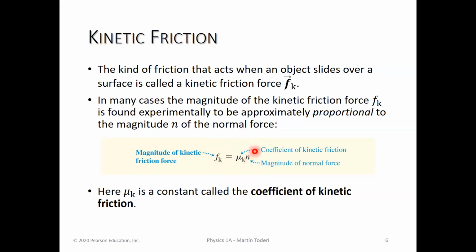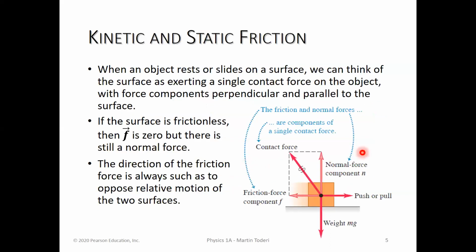If this had vectorial notation, that would imply that the friction force is parallel to the normal force, which is totally not the case. The normal force is pointing this way, and friction is pointing the other way.